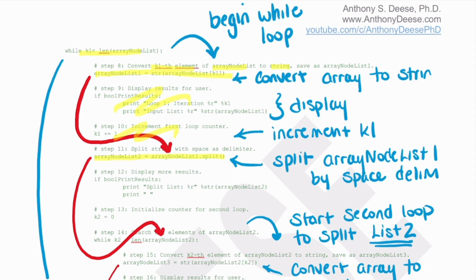And here's where you'll see sort of the continued pattern that emerges. What we're doing is we're taking an array, we're converting it to a string, and then splitting it to pull out not only the individual elements, because if we just wanted to pull out the individual elements, we could just leave it as an array. But we want to split those individual elements, and so we're using the split functionality that's associated with strings.